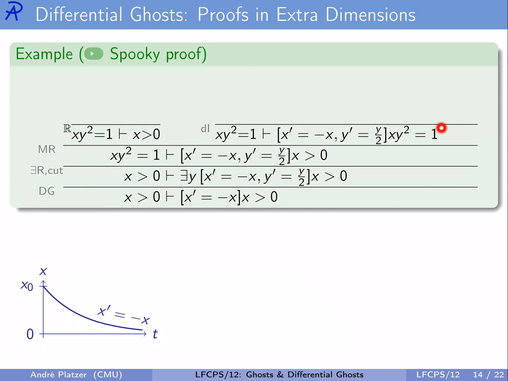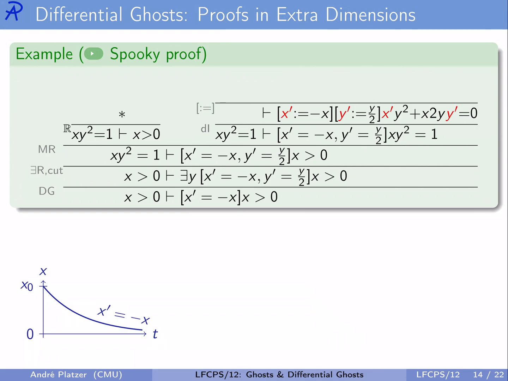What do we do over here on this side? Well, fortunately we dreamed up a new ODE, and now we can use differential invariance principles just to form the differential of that. It's a product, so that will give us the left-hand side primed times the right-hand side, plus the left-hand side times the right-hand side primed. So that will give us x prime y squared plus x times 2y y prime.